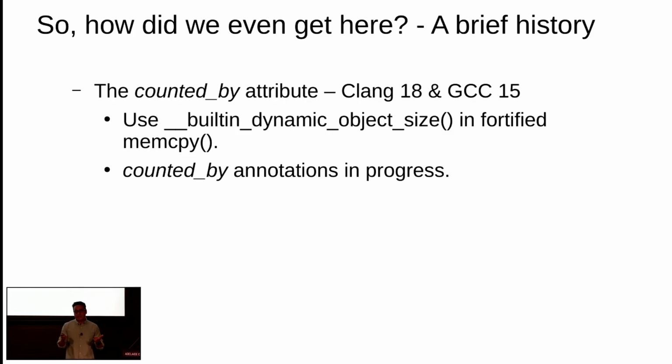So we are gaining bounds checking. On the side of the kernel, we have been looking for all those flexible structures that contain a counter member, and we have been annotating the flexible array with the counted by attribute.